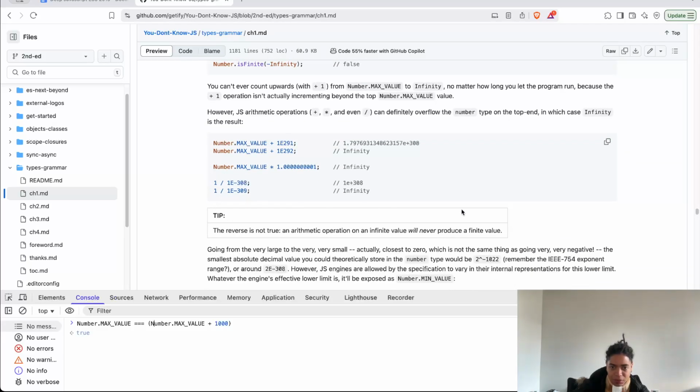An arithmetic operation on an infinite value will not produce a finite value. So, for example, if you say Infinity minus 1e22091, it's going to give you Infinity.